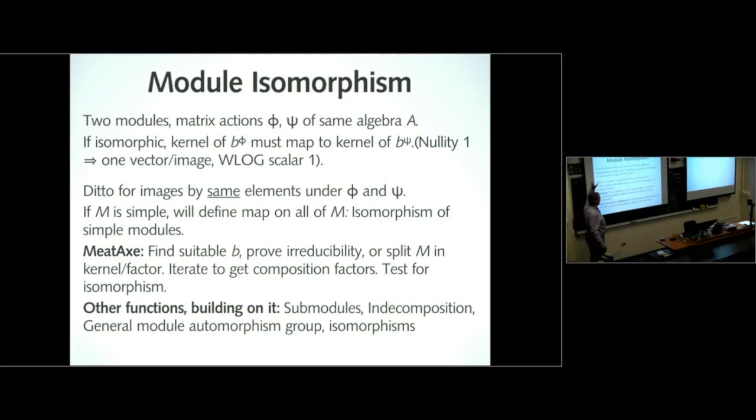So here I just want to look at the question, how can we test isomorphism of two simple modules? If you have two simple modules, obviously matrices in the same dimension over the same field, how do we test whether they're isomorphic? So let me briefly show you this.